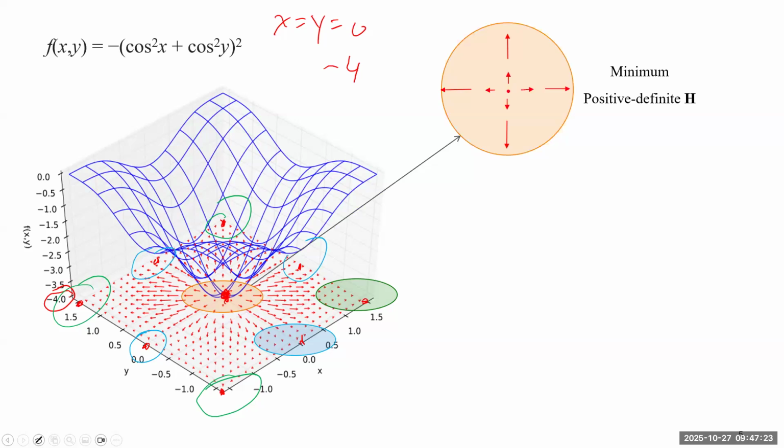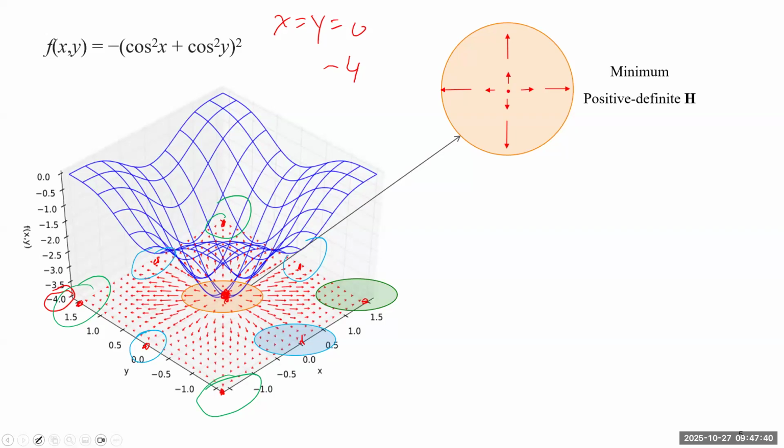Okay. So you see, if you only check the necessary condition, you just calculate the first order derivative and apply it to this cost function, you will have 9 stationary points.